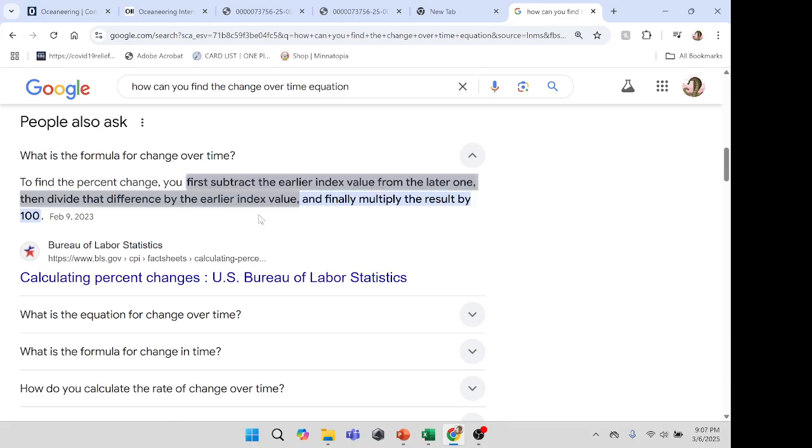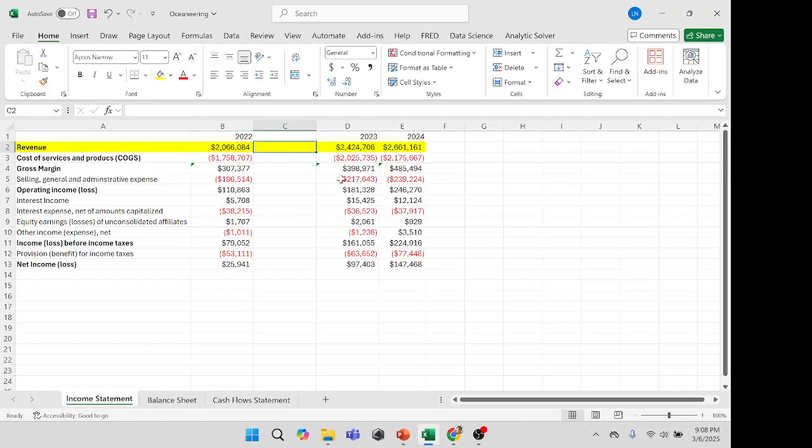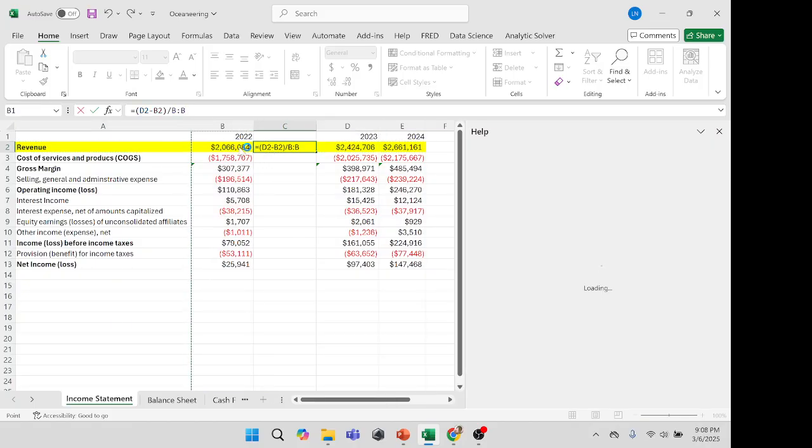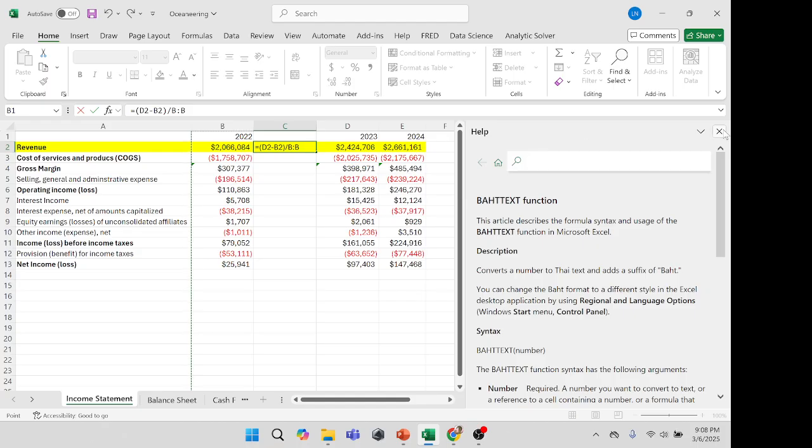So this just means that you're going to take 2023, which is this cell, minus this cell. Remember to put it in parentheses so you can divide by this cell. When I say a cell, it just means that here is the B, here's the 2, so this cell right here is B2.